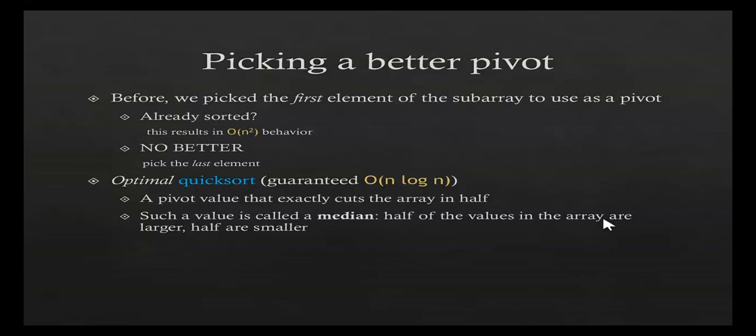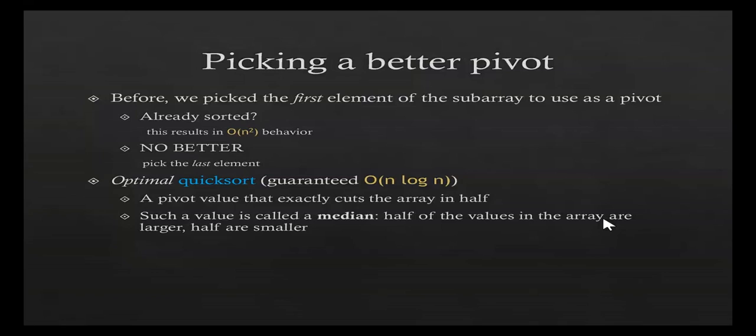So what do we mean by median? Median means, for example, if we have the elements 1, 2, 3, 4, 5, which are sorted, and we select 3, just the middle element, this is called the median. If we can select the middle element of the sorted array as our pivot, the partition or divide step divides the array half and half.